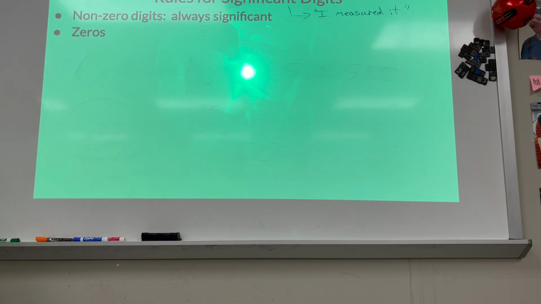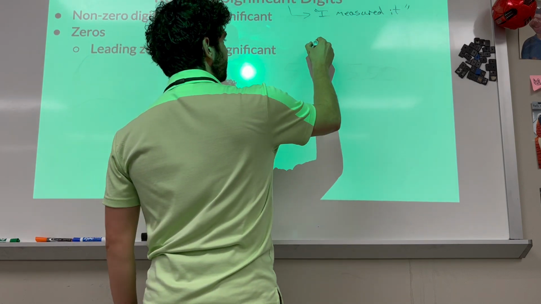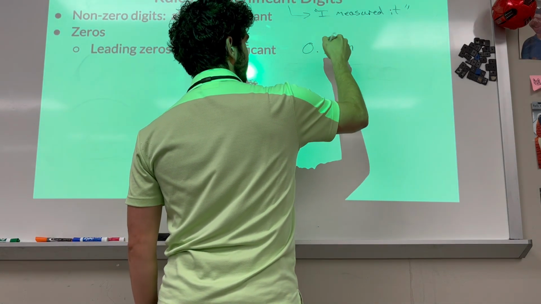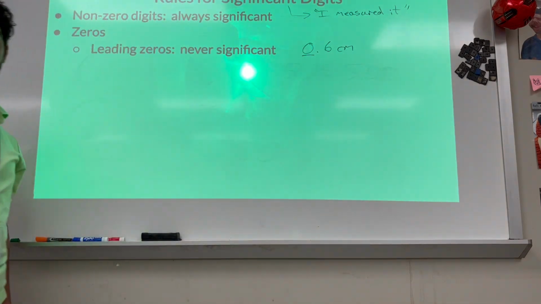There are 3 types of zeros that we need to talk about. If I have something called a leading 0, those are never significant. By leading 0, I mean a 0 that comes before my non-zero. So this would be a leading 0.